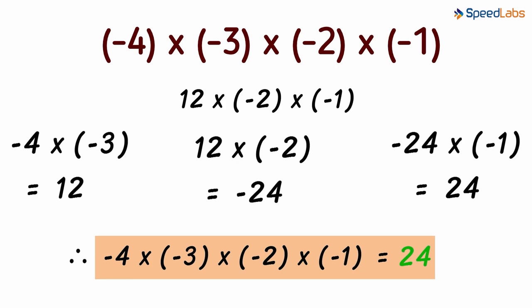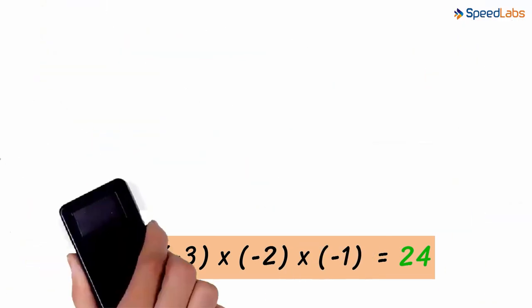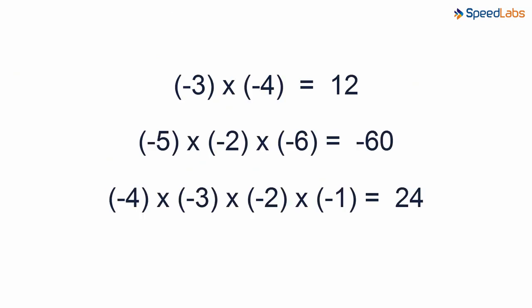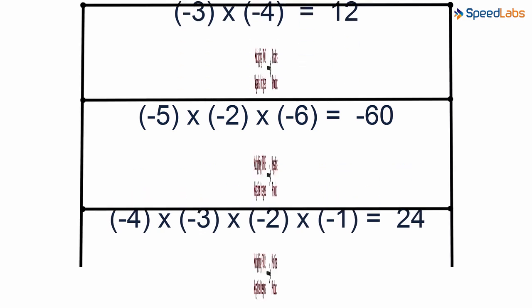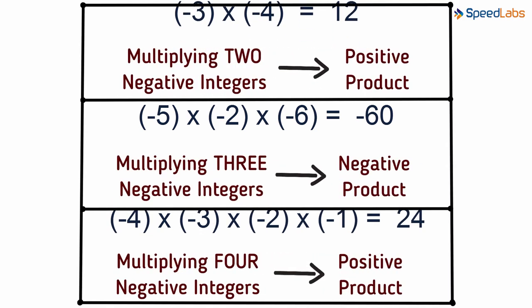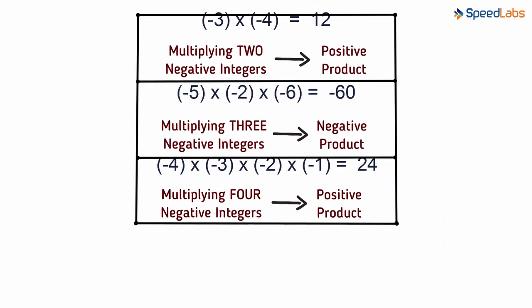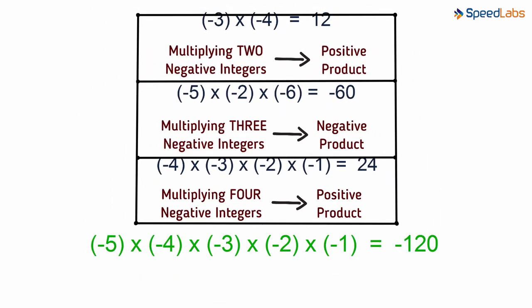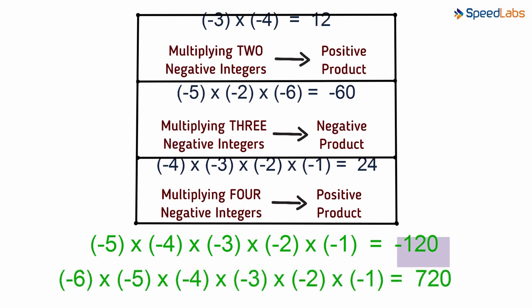Let's observe the pattern of products that we've seen so far. By now, we have seen multiplication of 2, 3 and 4 negative integers. Based on the examples that we solved, we can understand the following. Similarly, multiplying 5 negative integers gives us a negative result, and multiplying 6 negative integers gives us a positive result.